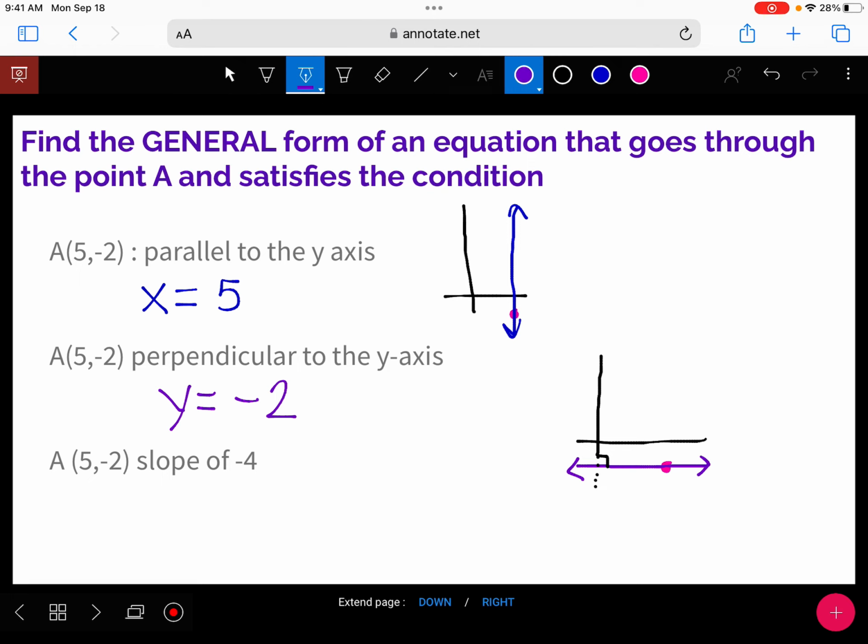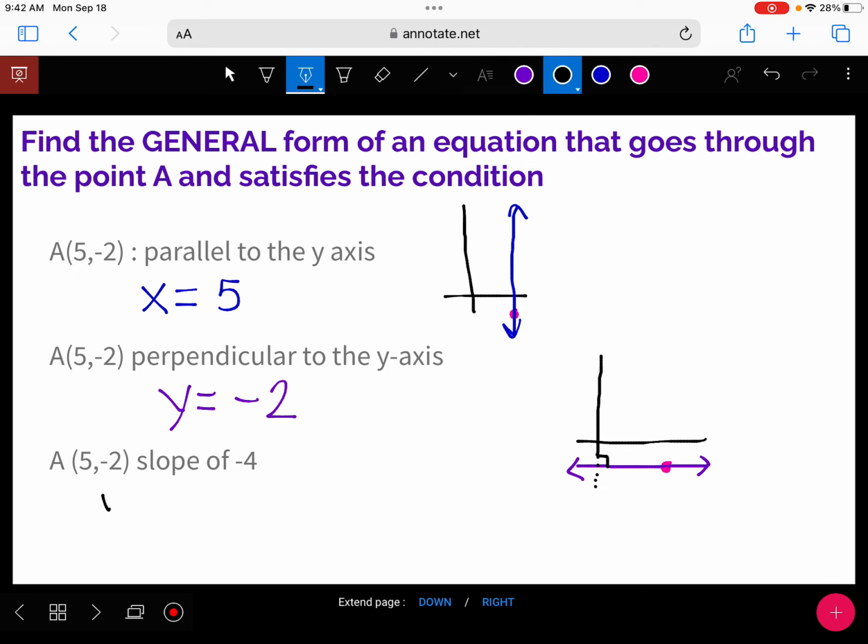And then the last one here is point slope form. All we need to do is write an equation here in point slope form and then multiply some things out.